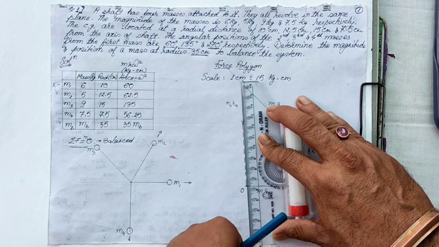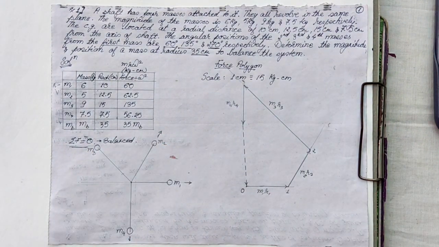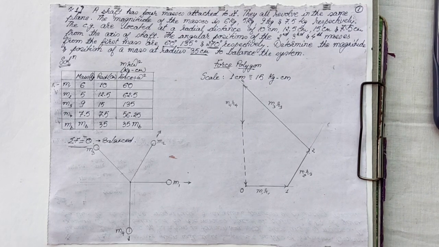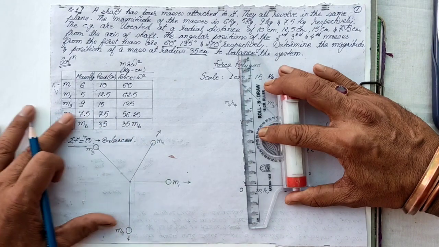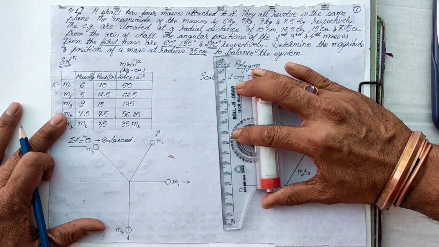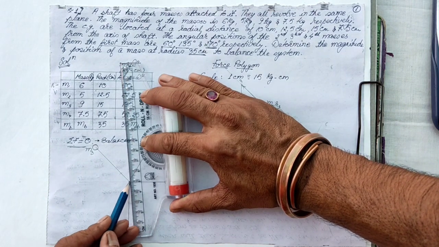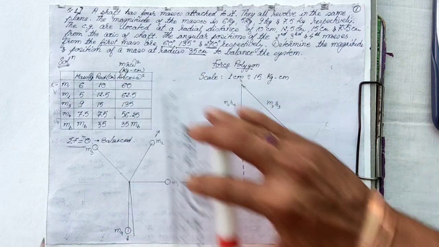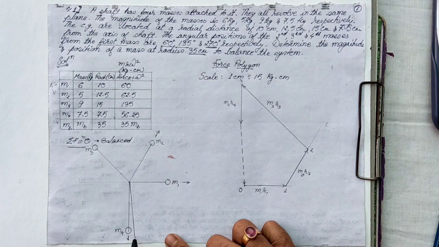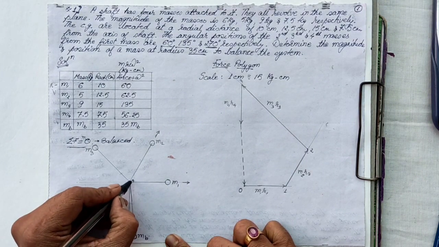The balancing mass which we are going to put, we will be putting in this direction. This is how we join the last vector. Matching with this, when I roll it, I get the balancing mass position as this. I show it with the pen here. So we get this as the position of the balancing mass.